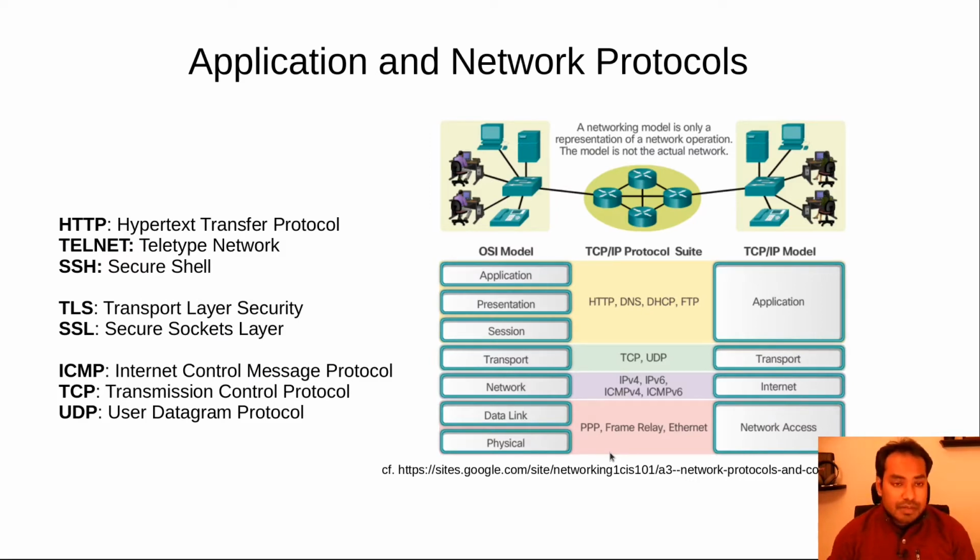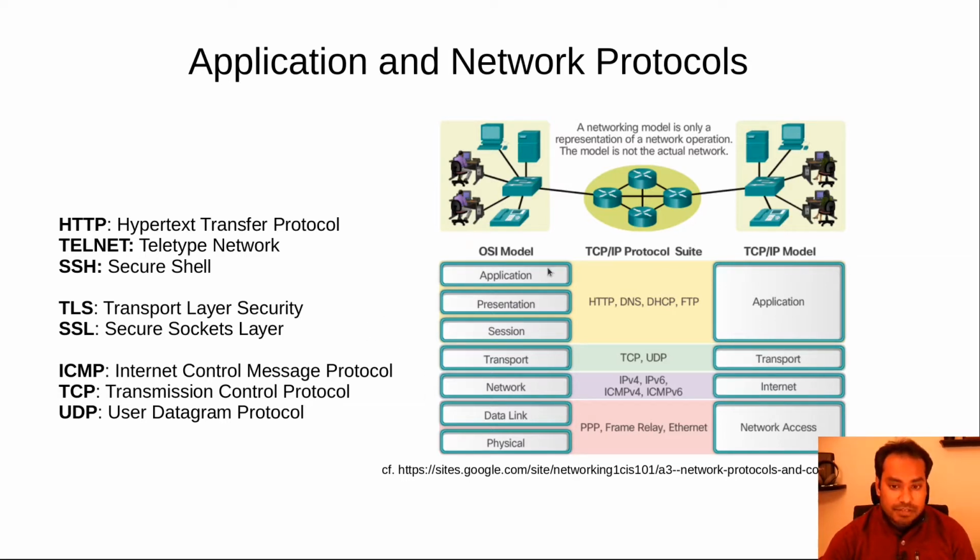Now, when we capture packets using Wireshark or whatever tools, we'll see them according to the protocol specification. For example, we'll see how the packets are turned into HTTP, what kind of UDP packets we are receiving, and what the ICMP packets are. These protocols are different for different layers.